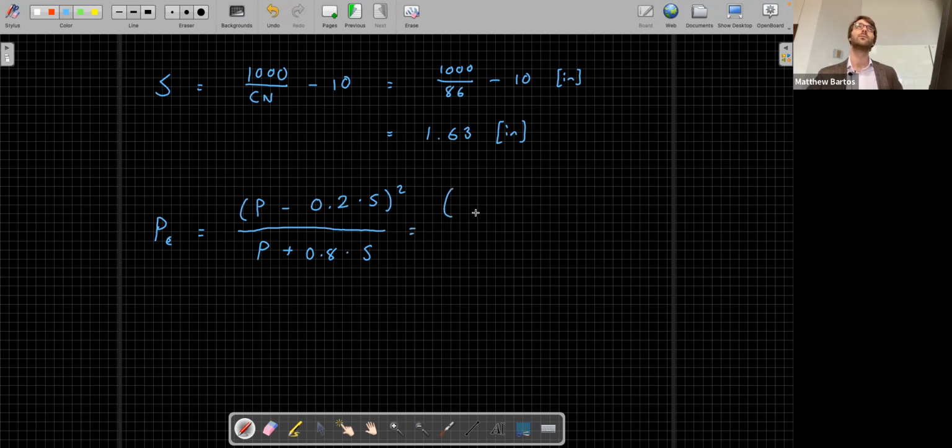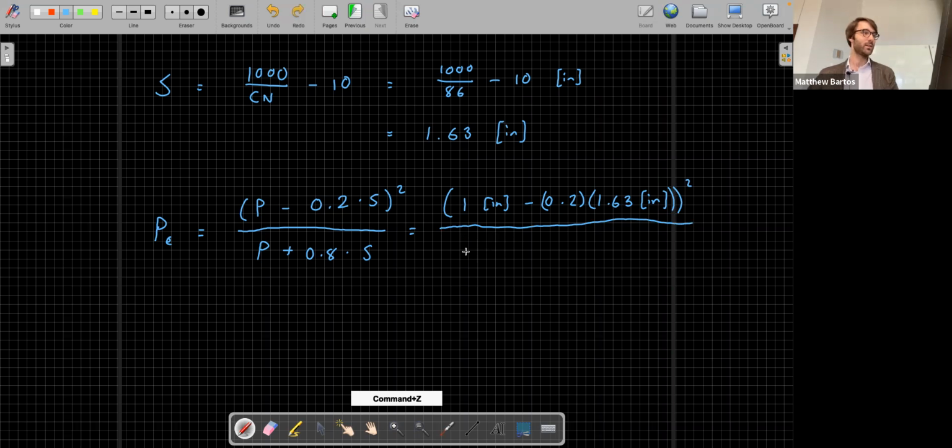What is P? 1 inch, okay. 1 inch minus 0.2 times 1.63, which is our storage, all squared, divided by P, which is 1 inch again, plus 0.8 times 1.63 inches.